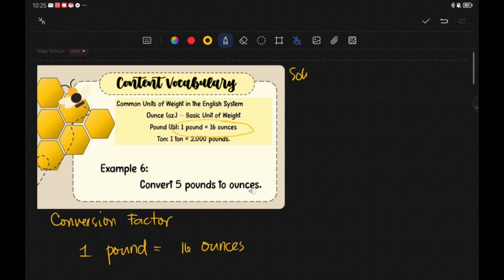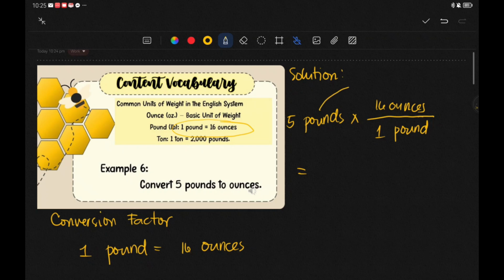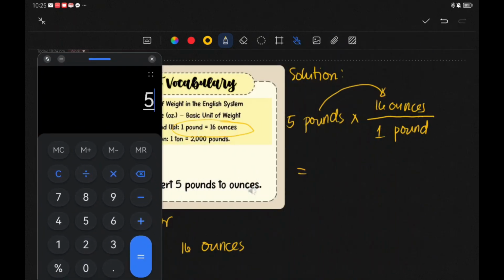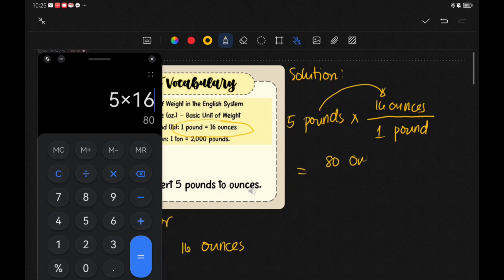So our solution is that 5 pounds times 16 ounces over 1 pound. Now 5 times 16, let us solve that one. 5 times 16, that is 80 ounces.